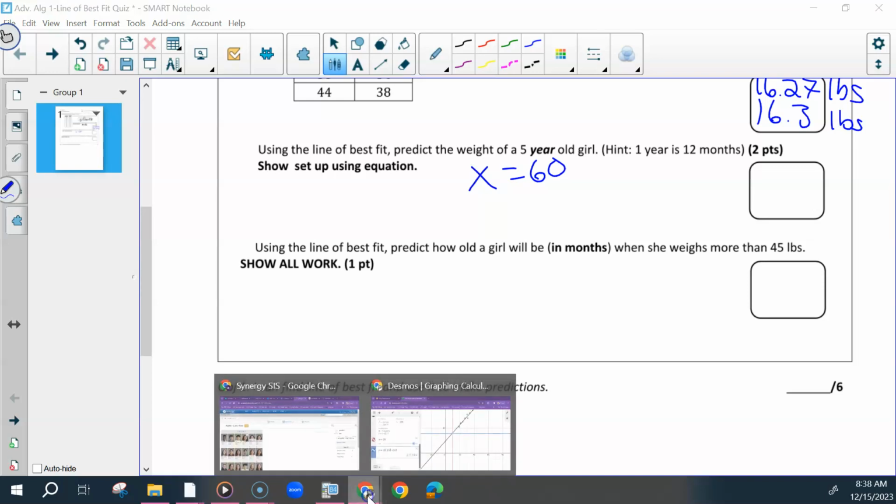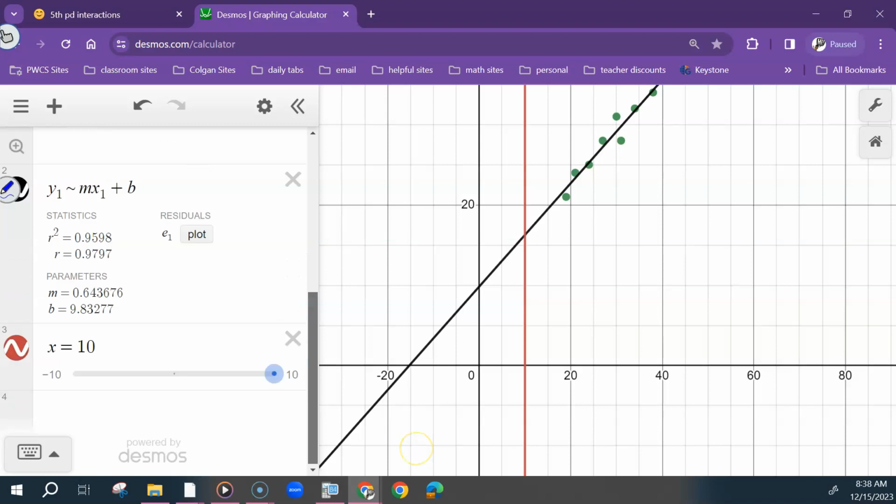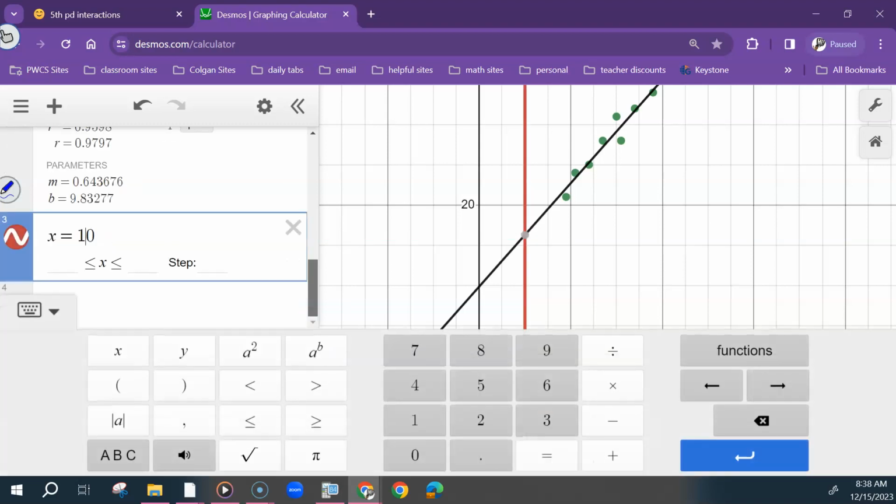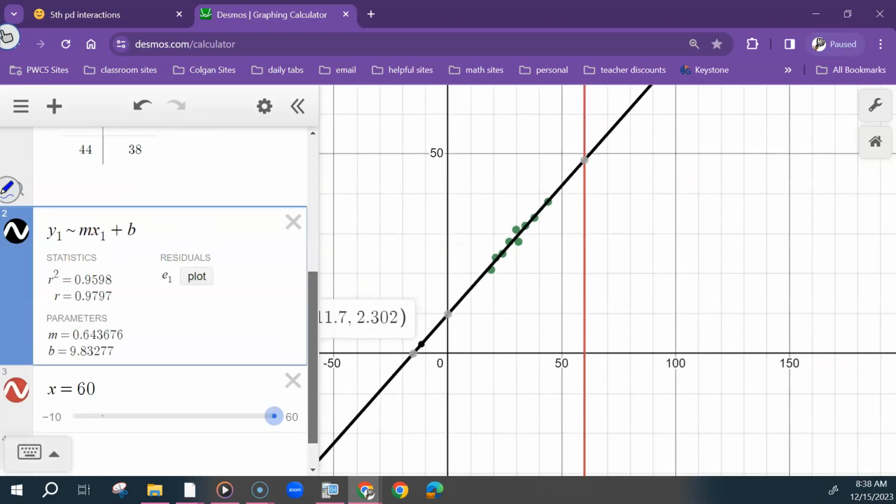And then when you put that into Desmos, I accepted one of three answers for that one: 48.453, 48.45, 48.5 pounds, any of those.